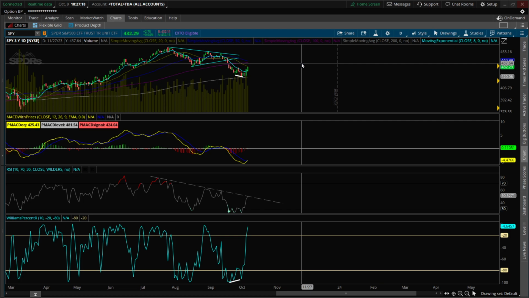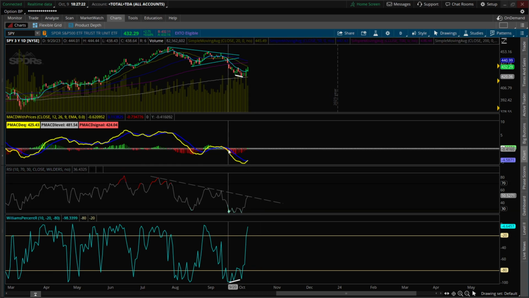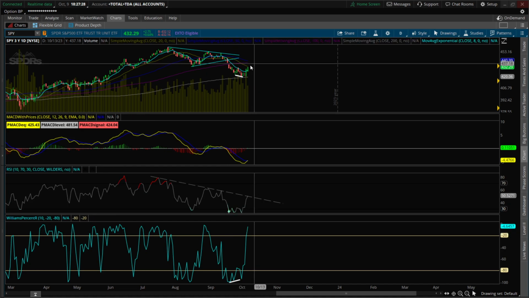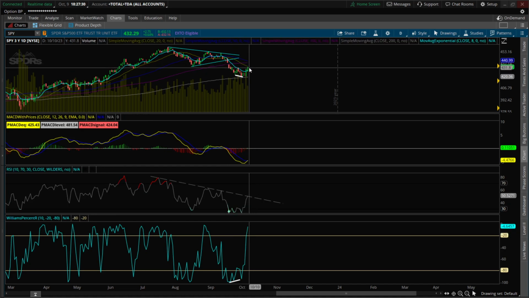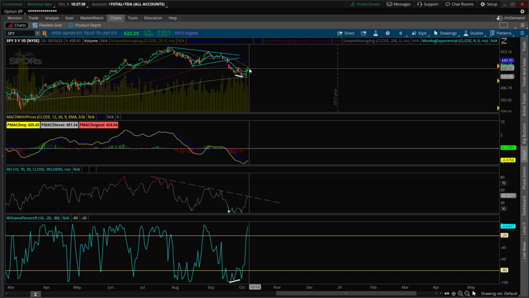So here we go on SPY. This is our reversal setup here. We have the MACD, the RSI, and the Williams %R. Right now, we're going into the 20 simple moving average. After this nice bounce from Friday, we had a push off of the 8 EMA, and now we're going towards the 20 simple.